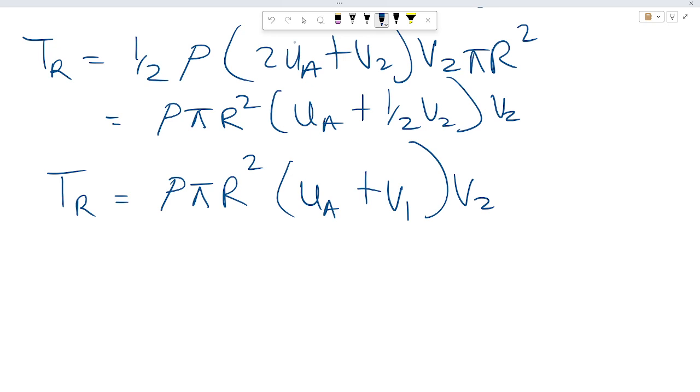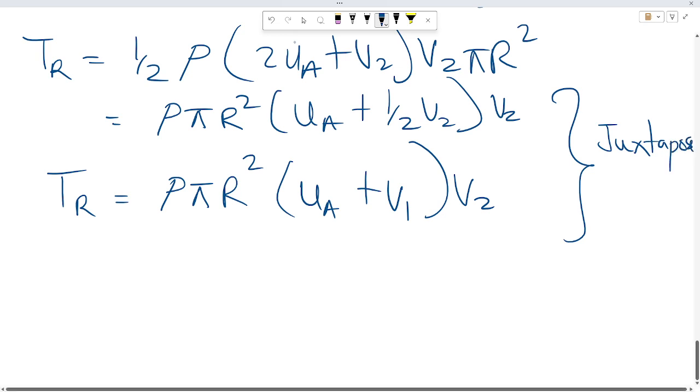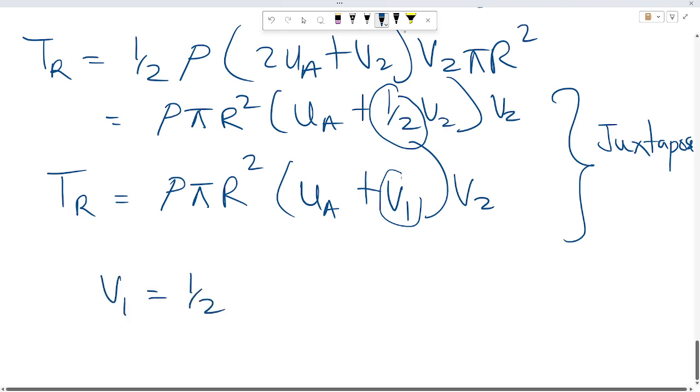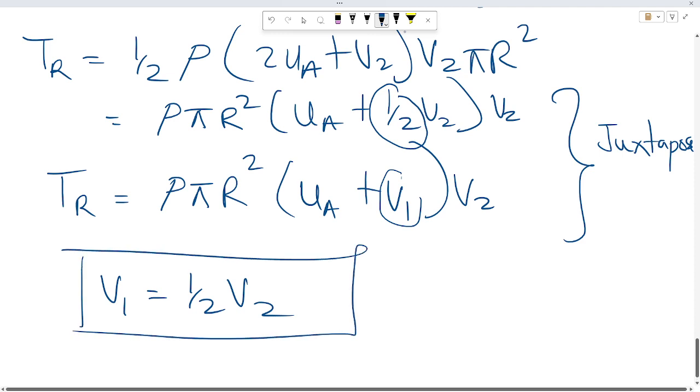Now, by juxtaposing these two equations, we can derive that half V2 equals V1, and all other terms are the same. So that means that V1 equals half V2. That is, the induced velocity at the rotor disc is half of the velocity at the free end of the rotorcraft's slipstream.